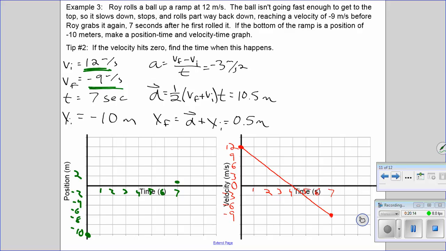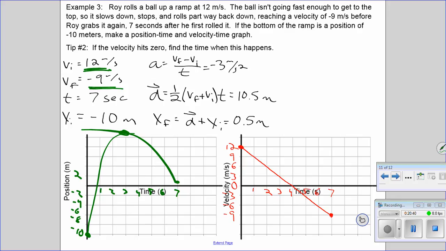So my graph's going to look something like this, but I don't know exactly what it's going to look like because I don't know where this point happens or what the displacement is there. Does that make sense? So everything I drew in green here is garbage until I figure out how far it goes to this point where it stops and turns around. Follow?